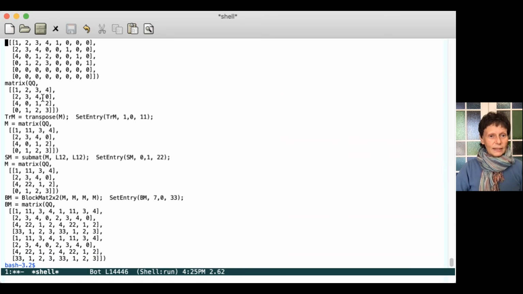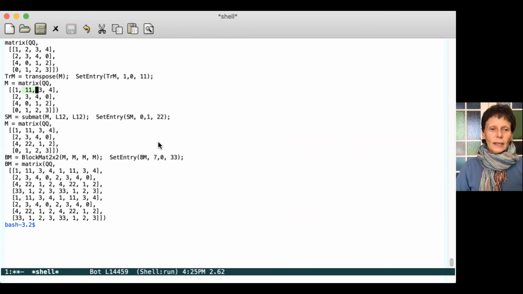And again, starting from this matrix, I define the transposed, and then we modify the entry 1, 0, and indeed M now is modified with the entry 0, 1 being modified.